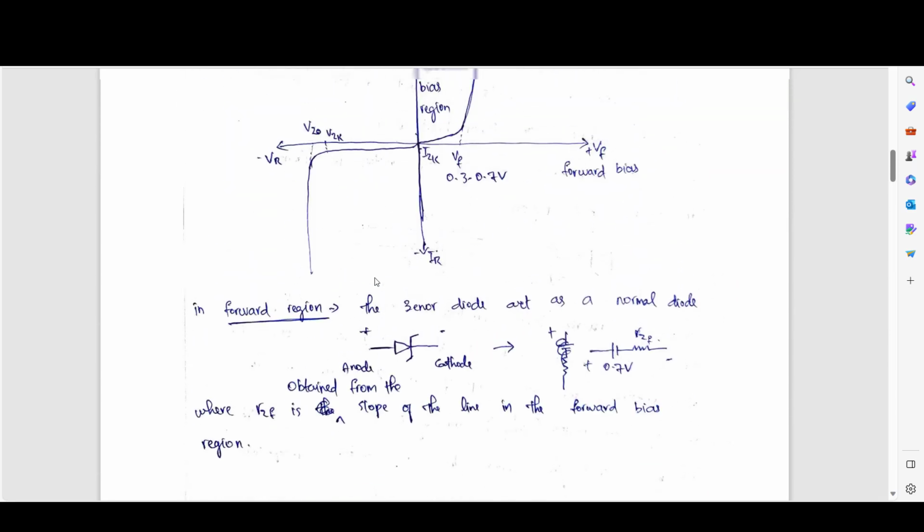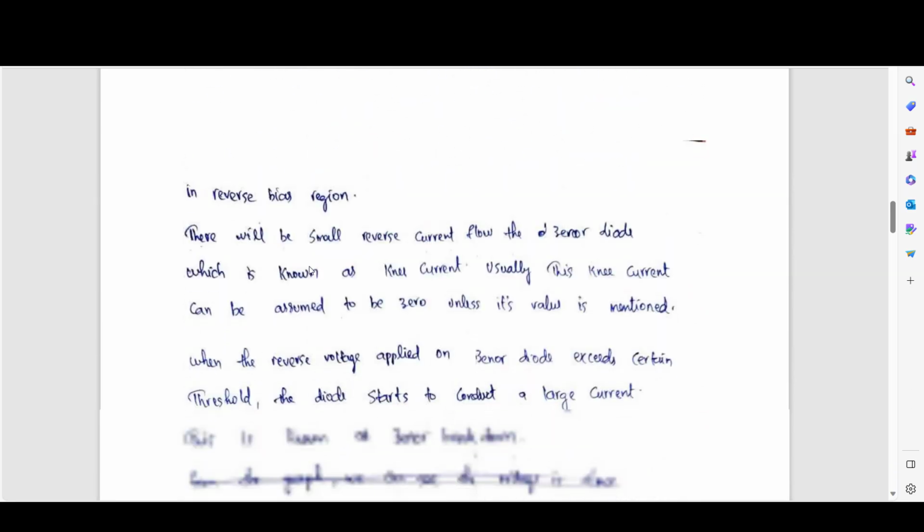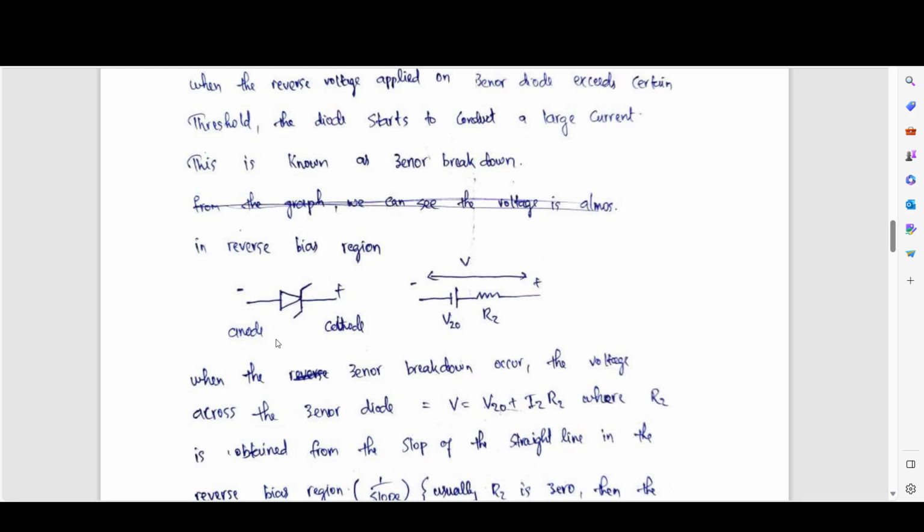Whenever the reverse bias voltage across the Zener diode exceeds this threshold, it will start to conduct. And you can see its slope is like a straight line parallel to the y-axis. In that case, this is the reverse biased Zener diode, plus and minus, and we can replace this Zener diode with this diagram.